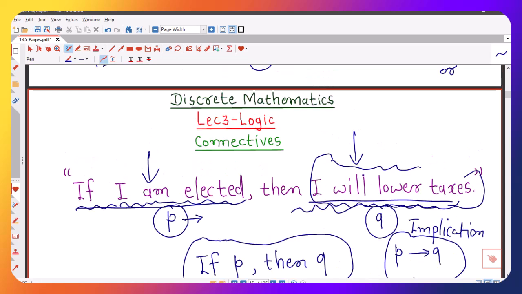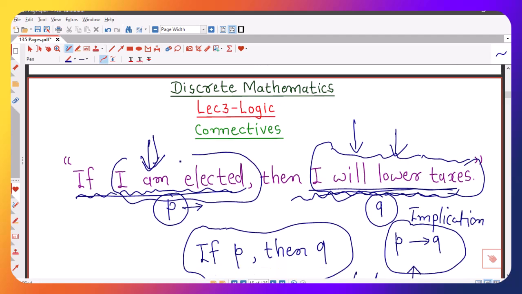Here Q is "I will lower taxes" and P is "I am elected." For Q to be true, that is, for me to lower taxes, it is necessary that I must be elected in that sense. And P is sufficient for Q, that is, to lower taxes, it is sufficient for me that I am elected.